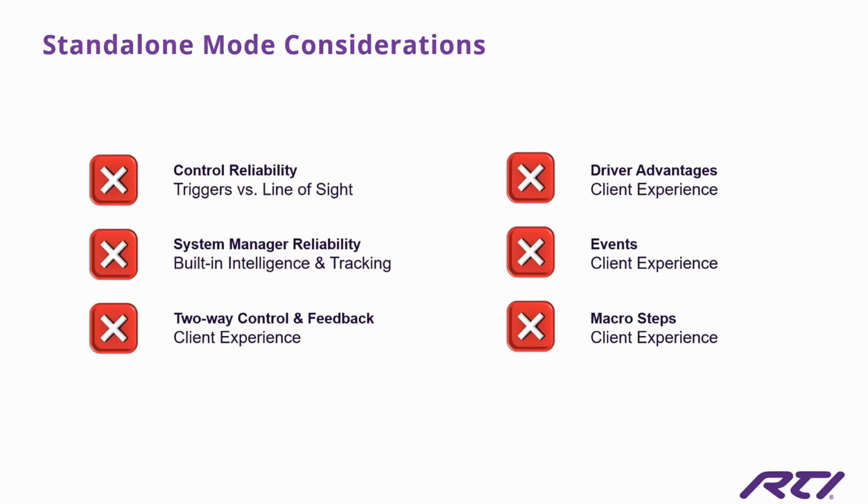Now, two-way control and feedback, that's another big caveat. You're using infrared in the first place, so you're not really concerned too much about two-way control and feedback. But having two-way control is also a way of using those necessary triggers. So you're going to give up that means of control, the driver advantages, driver events, and some of the macro steps you would normally be accustomed to with using a device that is off the processor will now be disqualified.